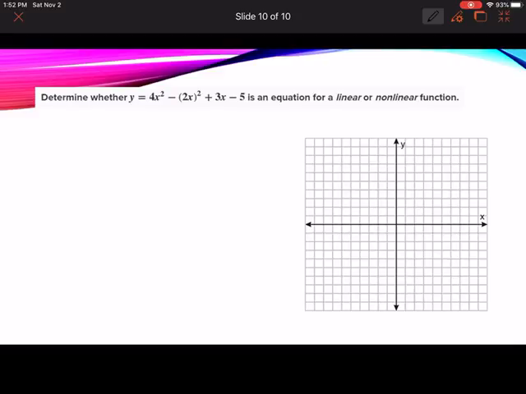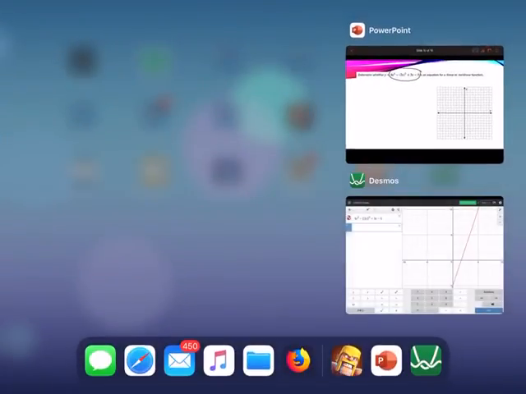Okay, so determine whether y equals 4x squared minus 2x squared plus 3x minus 5 is an equation for a linear or a non-linear function. So the way we're going to do this is we're going to put this equation into Desmos.